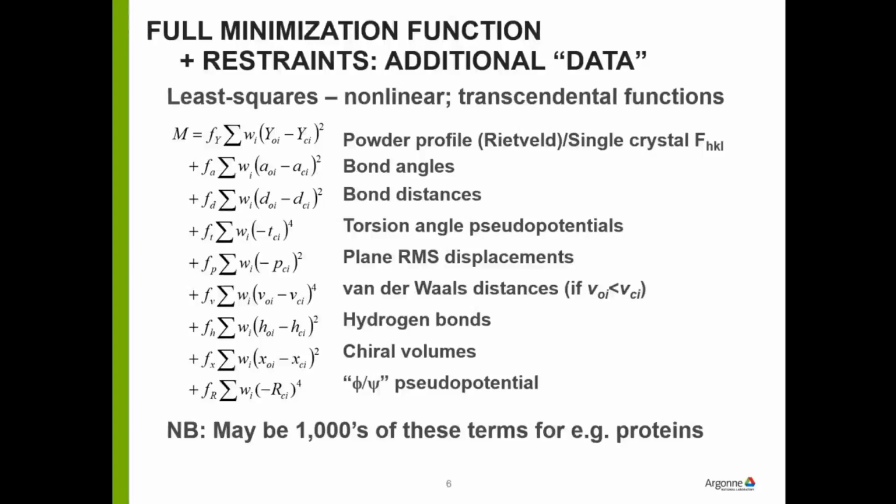You have to take derivatives of them, and they go into the matrix. There's all sorts of them that are possible, and in protein structures there may be thousands of these things on the bond lengths and the angles, and planes are flat. So it adds to the data.